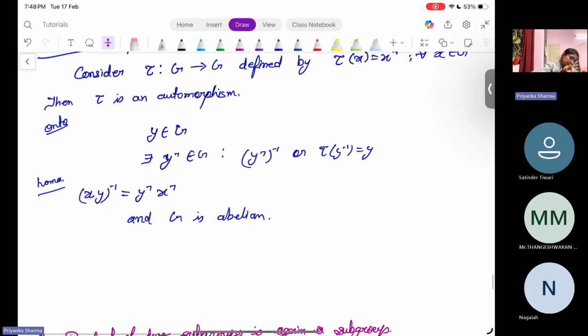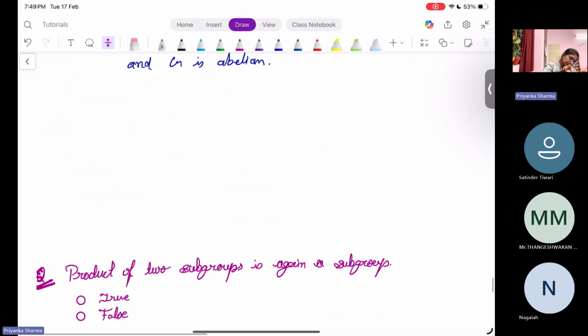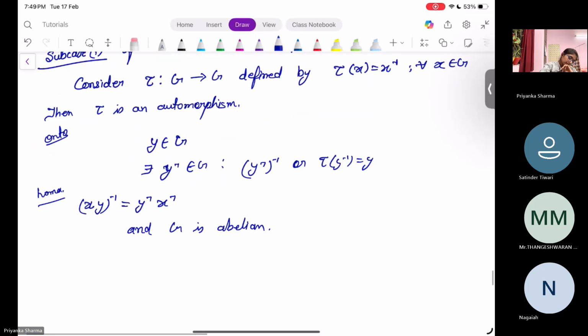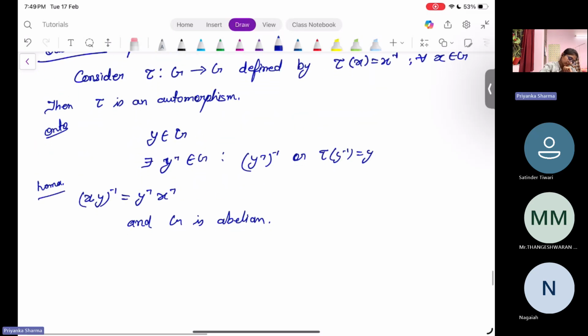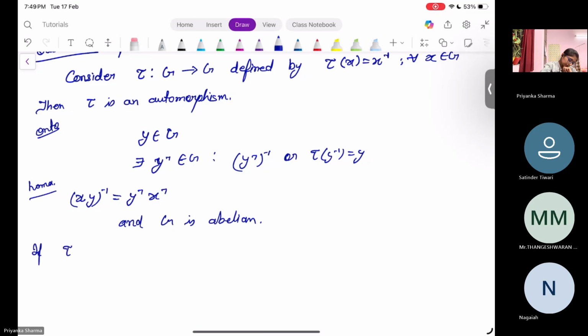But we need a non-trivial one. So we need to check that tau is non-trivial. So what if tau is trivial?